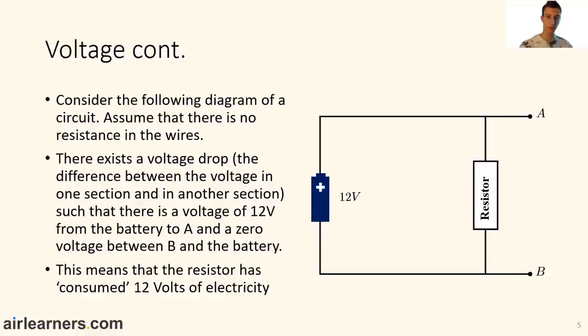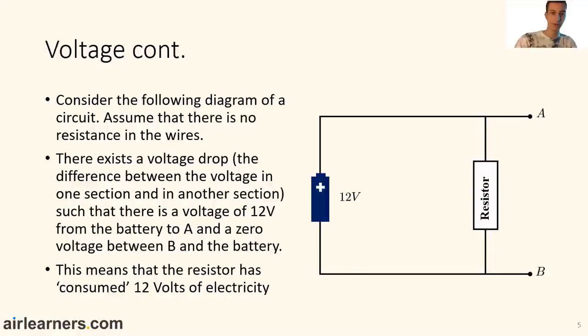But we know that there's a voltage drop. There's a difference between the voltage in one section and another section, because on one side of the circuit we have 12 volts from a battery, but we've got no supply on the other. And every circuit has to balance.